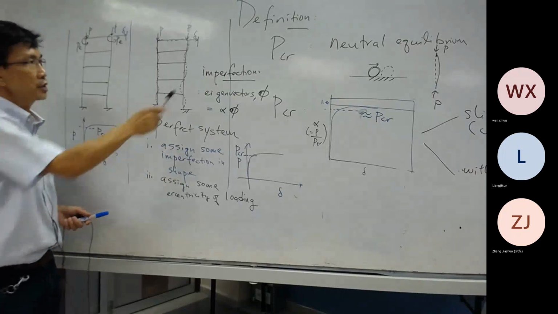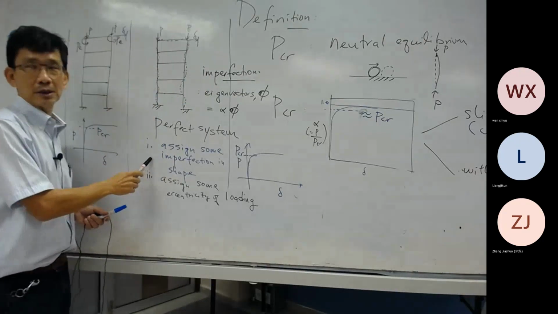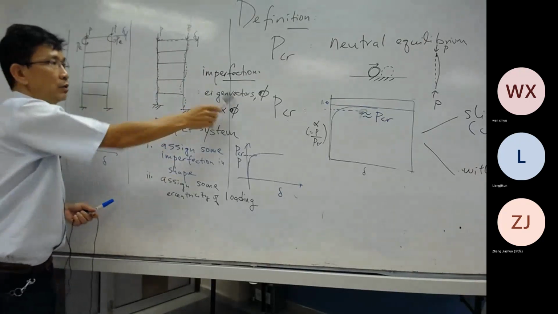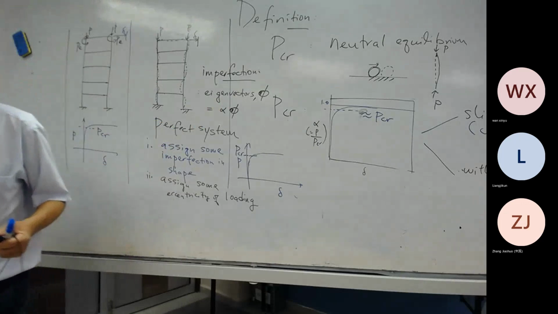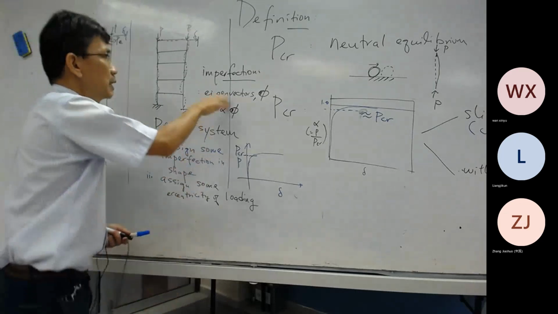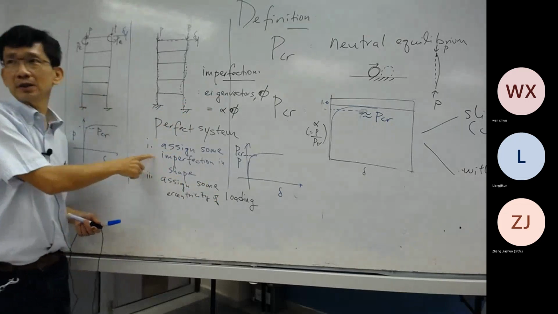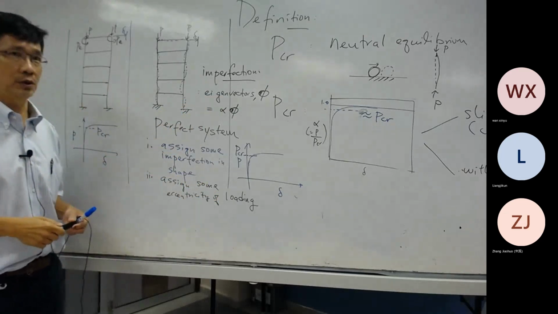So the choice of this imperfection is very important if we want to use this method. If you use the wrong choice, you might not get the lowest buckling mode, you might get a higher buckling mode, the higher critical load. What we want is the lowest critical load. So the choice of this imperfection is very important.